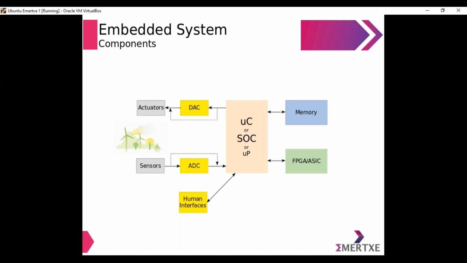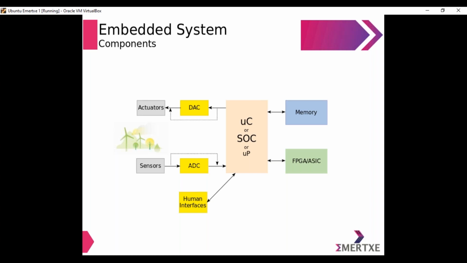ASICs are costlier to design. So whenever you are planning for an ASIC to be involved in an embedded system, we suggest you reprogram the FPGA as many times as you require. Once the design is finalized, you can convert it to an ASIC, because making changes to an ASIC is costlier. So make any changes on the FPGA itself and then convert it into the ASIC by the end.